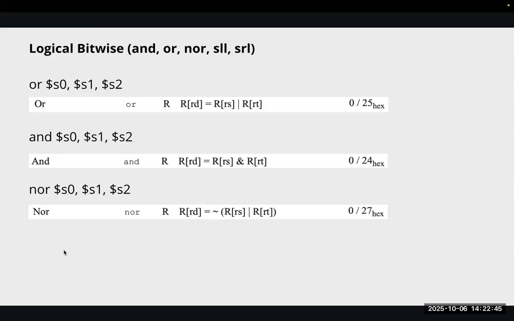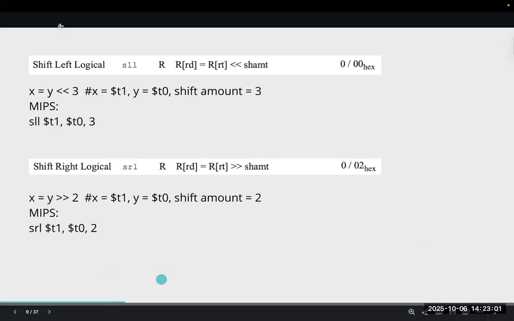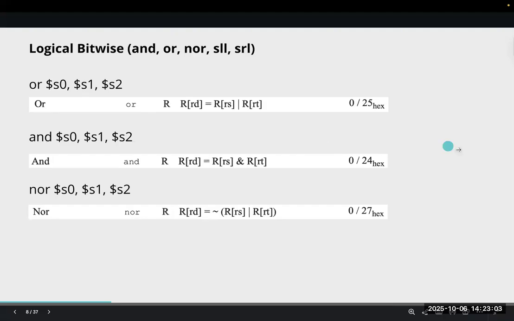And logical bitwise, when you want to perform OR, like you did in CSE 120, you're just gonna use OR S1 S2. These will be your values, and it's gonna store in your destination register S1 the computed value. Same goes for AND and NOR.